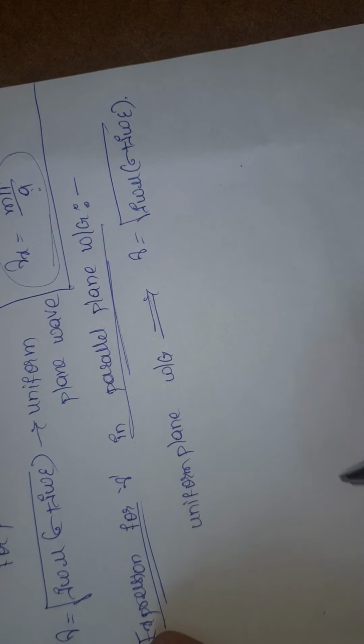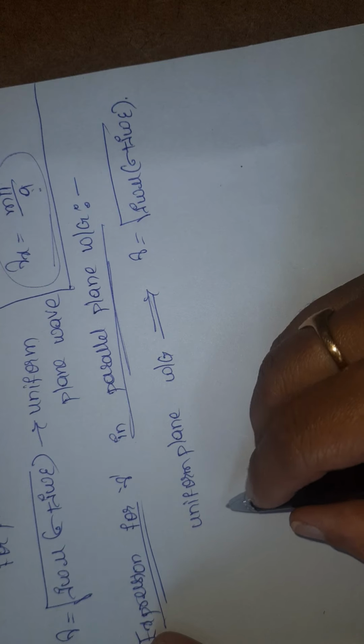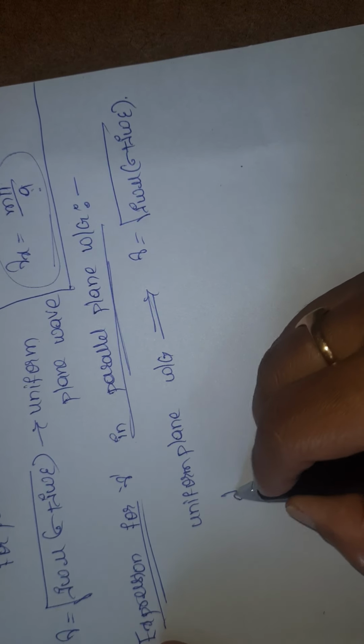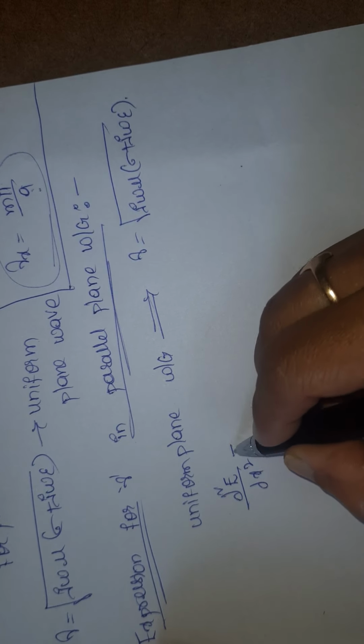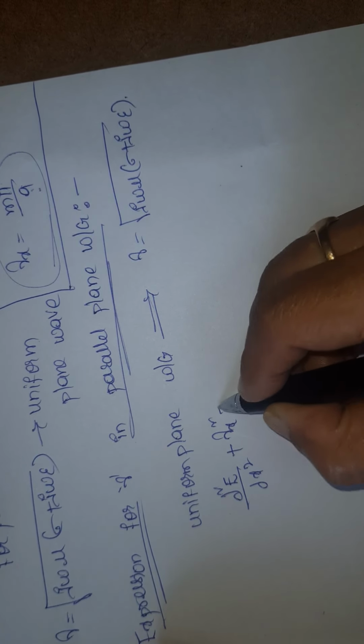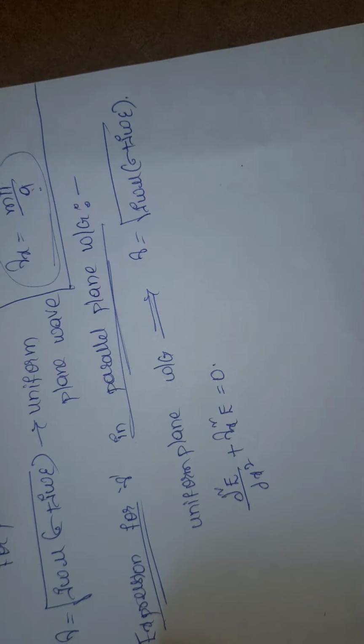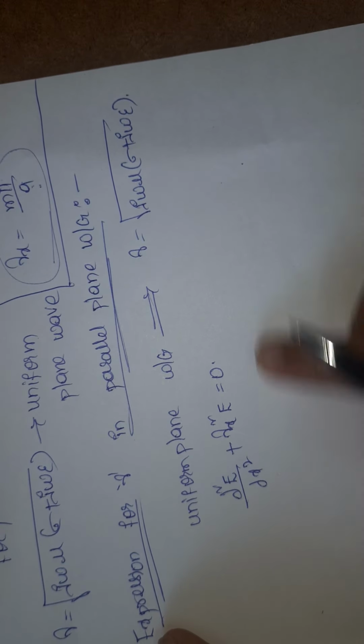Next, we know that for the waveguide I am having dou square E by dou x square plus gamma x square E equal to 0. This is from equation 1.